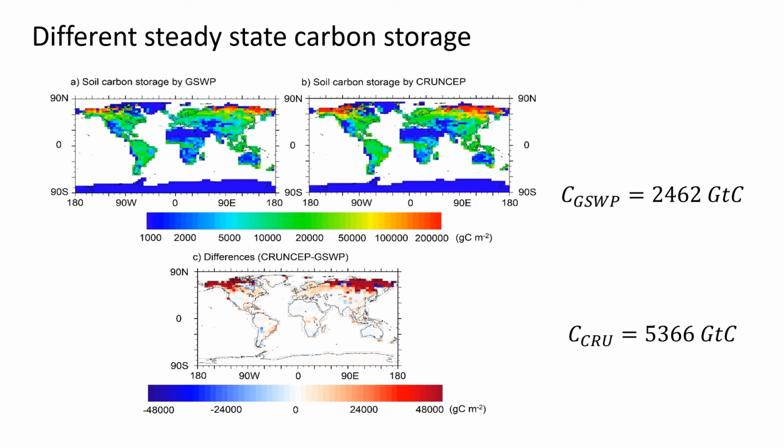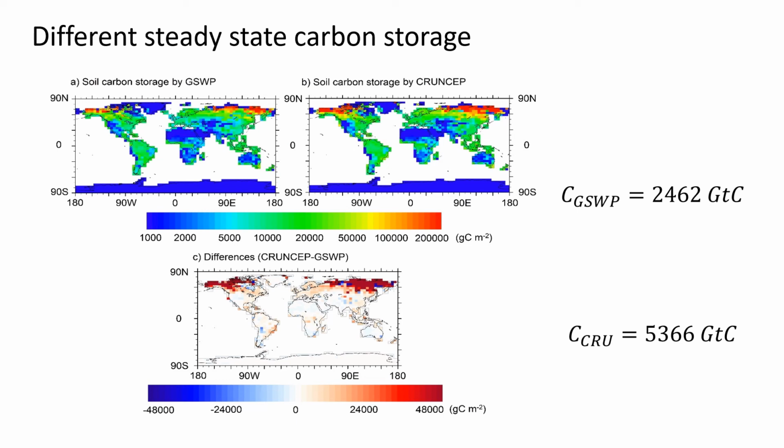CLM5 had a problem on global steady-state soil carbon storage. The global soil carbon storage modeled under 2 meteorological forcings can be different by over 100%. The global soil carbon storage is 2,500 gigaton carbon in GSWP3 versus 5,000 gigaton carbon in CRU-NCEP. Results from the CRU-NCEP simulation had a significantly higher soil carbon storage in permafrost region.